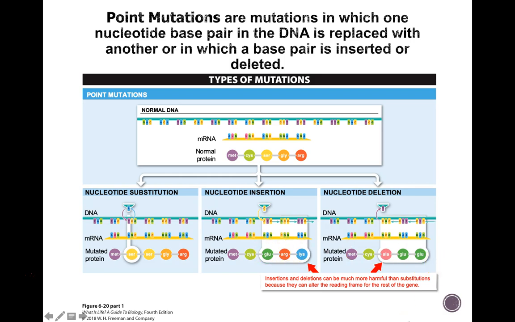So if you introduce a change that makes a stop codon, you are obviously truncating your protein and rendering the entire protein dysfunctional. So we're going to do an assignment in class where we're actually going to look at these different types of mutations and see what they do to the sequence in question.